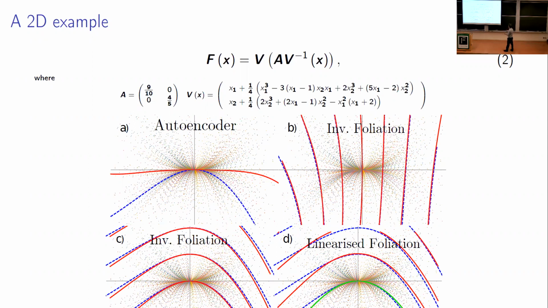So this is just a linear map, non-linearly transformed with this V of x, and obviously from this V of x, we can figure out what the foliation and the invariant manifolds should be, just by calculating certain level sets. Okay, so the actual invariant manifold that I have is this blue dashed line, and if we feed this data into an autoencoder, then the autoencoder exactly finds where the data is the densest, right? But it doesn't actually find the invariant manifold.